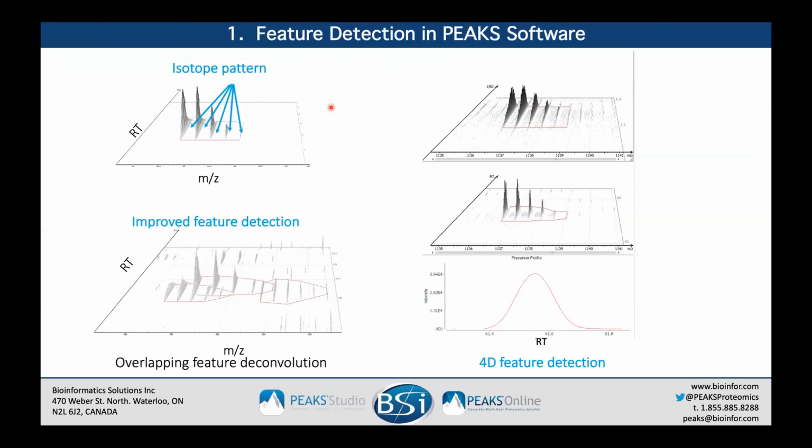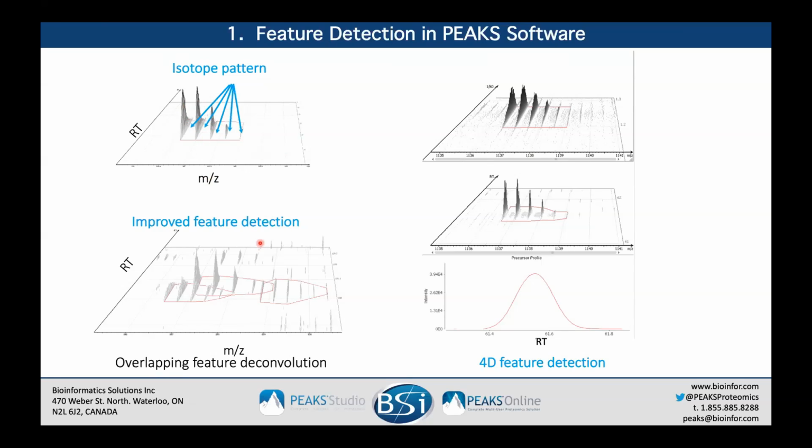And so one of the things that PEAKS does is called feature detection. When you first pull in your data in Studio, it's the data refinement node, or in online, it happens automatically. But what we essentially do is look for an isotopic distribution of a peptide, generally by the carbon isotopes, and then identify this feature.